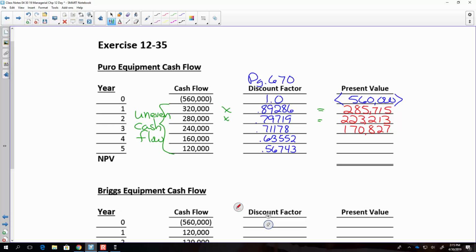I'm down to 101,683. And then our final one is 120 times 0.56743. I'm down to $68,092. So it certainly looks like I have a positive net present value.